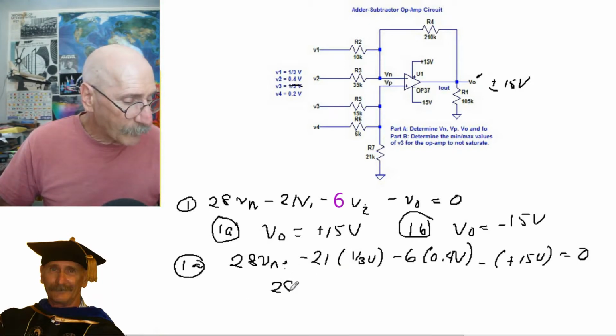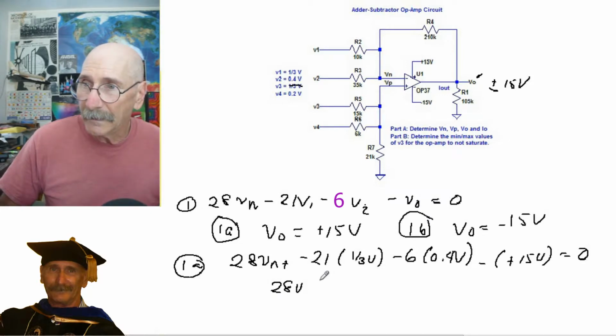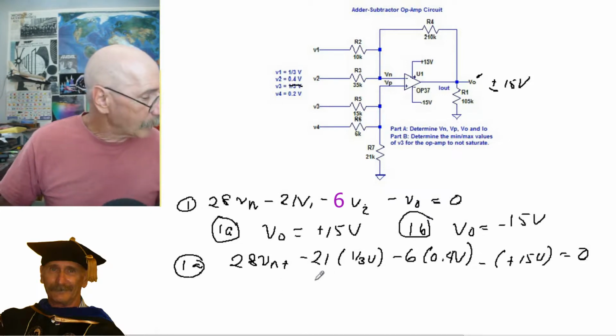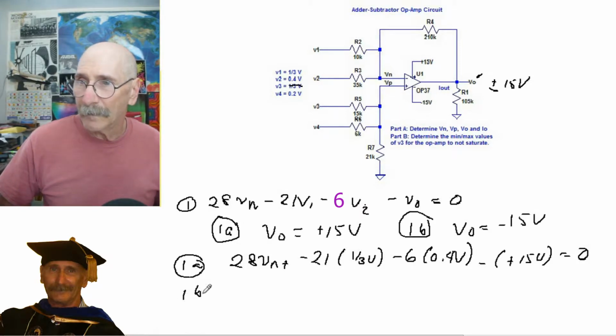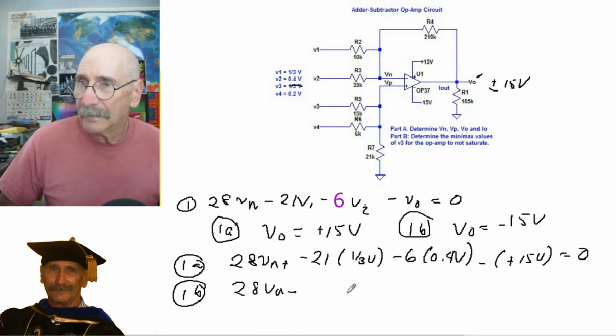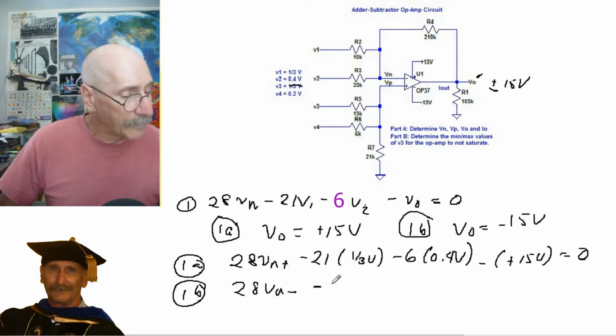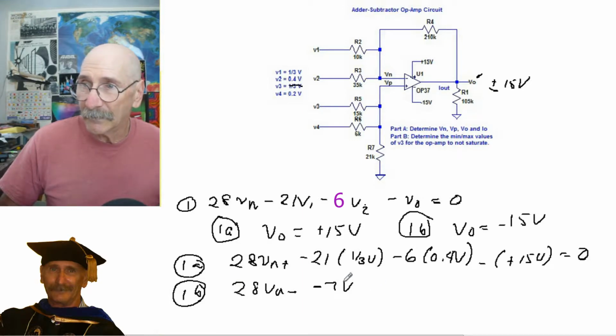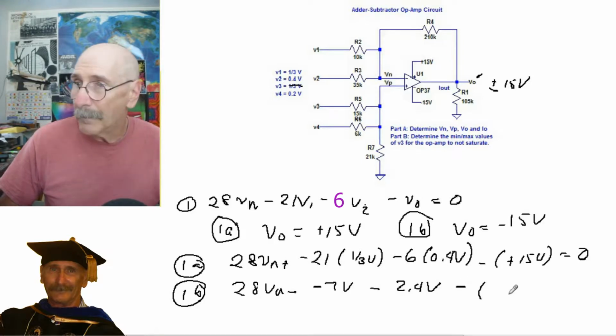For 1B, a similar thing. 28 V sub n minus, of course, we already know this is going to be 7 volts, minus 2.4 volts, minus negative 15 volts.